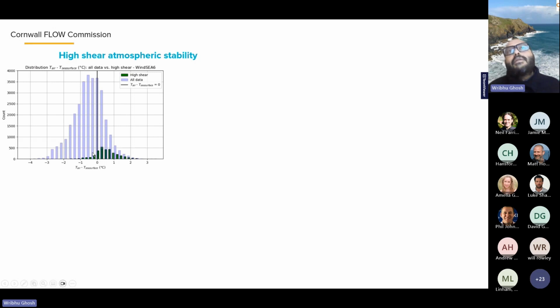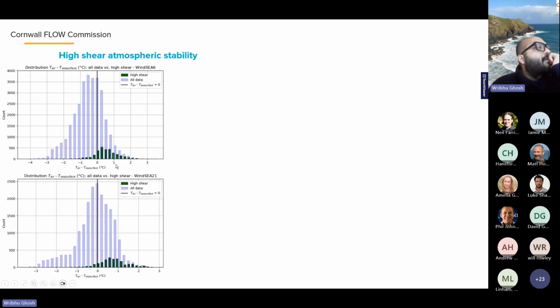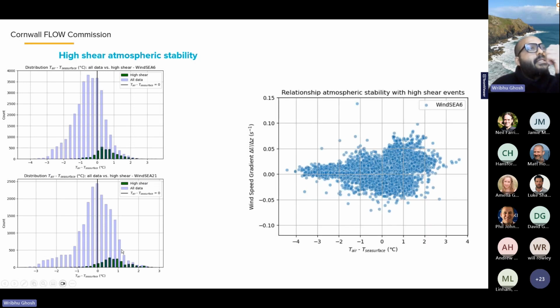Unfortunately, that sensor went down for our second dataset, so we don't have a seasonally balanced dataset, but it still captures the observation that this happens when the air temperature is higher than the sea surface temperature. That's when most high shear events happen. Same observation in WinC21, but again, we don't have a complete dataset here.